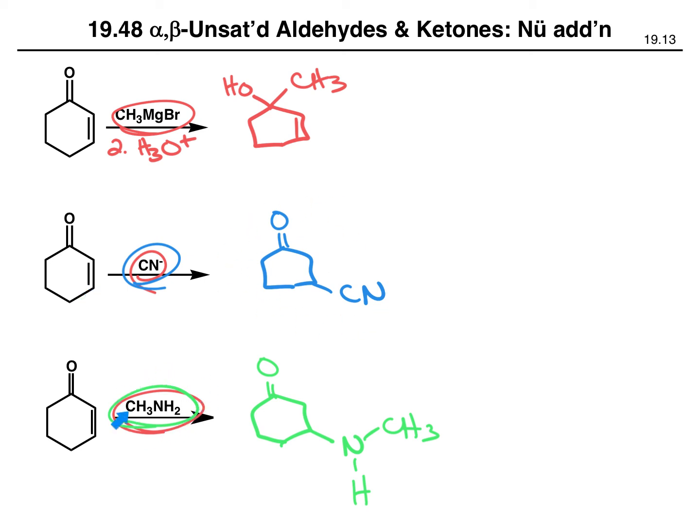An amine is also a weaker base, so it will add 1,2, but then it will reverse and it can add 1,4. So strong bases such as a Grignard or an organolithium, these are going to give exclusively 1,2 addition products. Weaker bases such as cyanide or amines, these are going to give the 1,4 addition products.